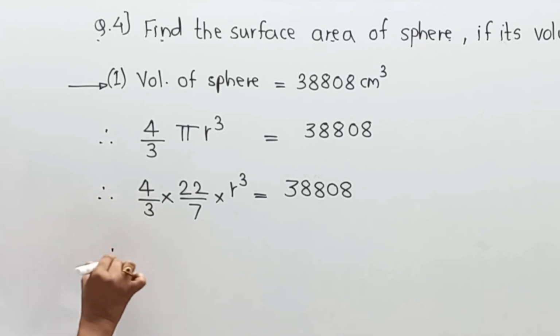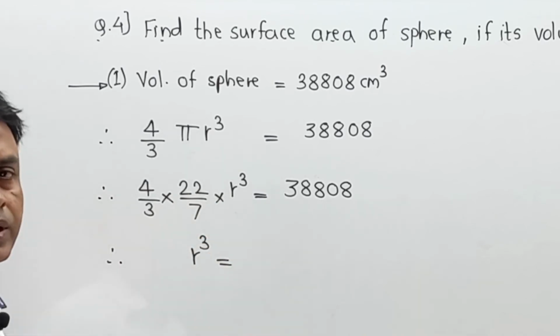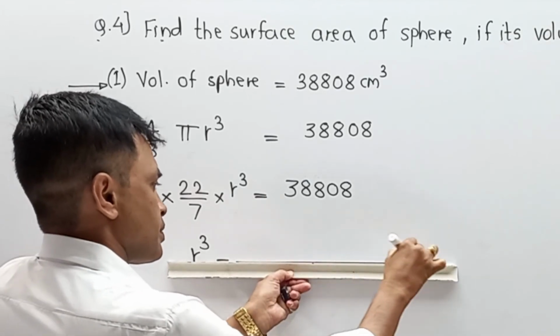So the next simplification is r cube is equal to, now here the step is important for us during this calculation.